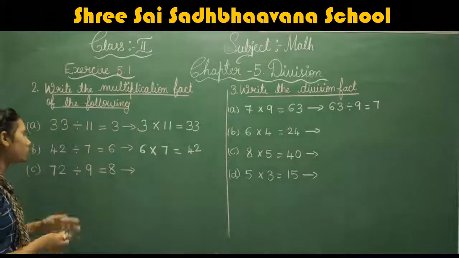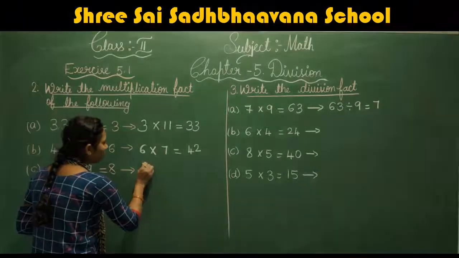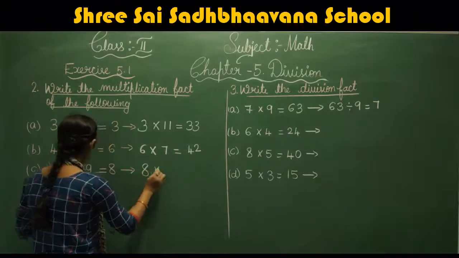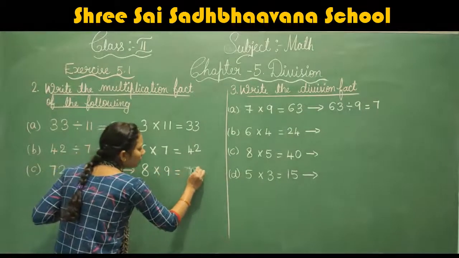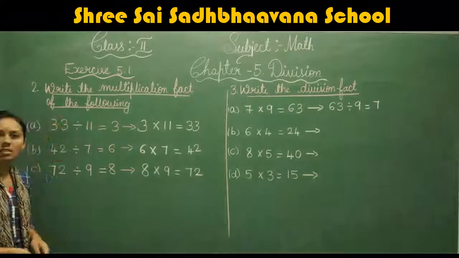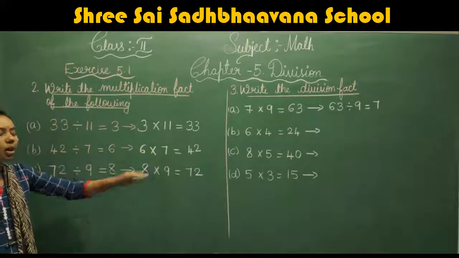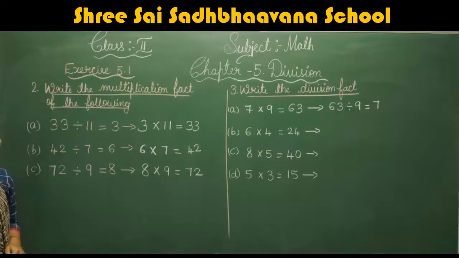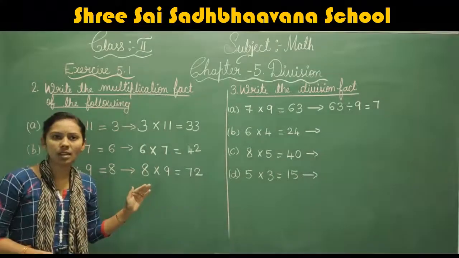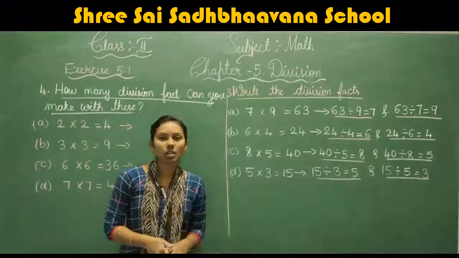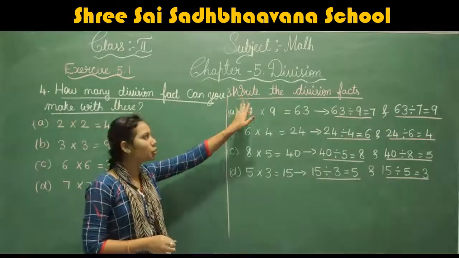When you write this as a multiplication fact, that is 8 into 9. 8 nines are 72. These are your multiplication facts. Understood how to write the division fact as a multiplication fact? Excellent. Now we will move to the third question.